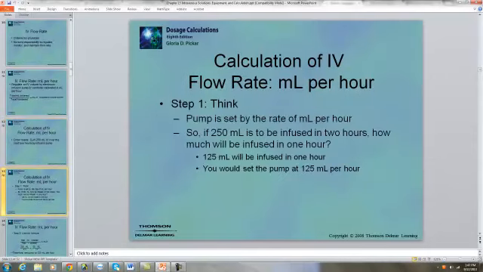In step 1, you think the pump is set by the rate of milliliters per hour. So if 250 milliliters is to be infused in 2 hours, how much will be infused in 1 hour? You take 2, divide it into 250. So you know 125 milliliters will be infused in 1 hour. So you would set the pump at 125 milliliters per hour.